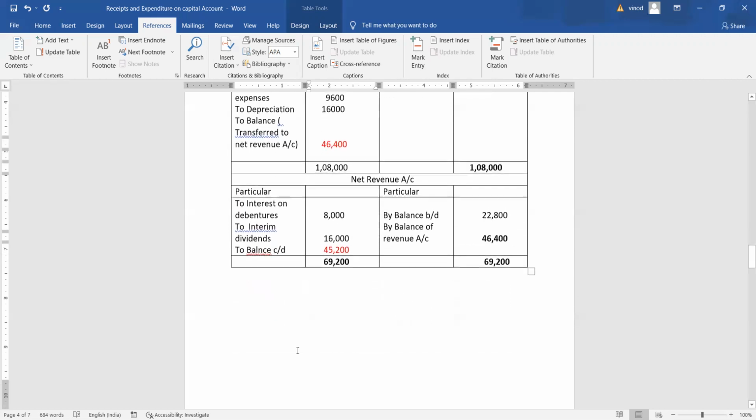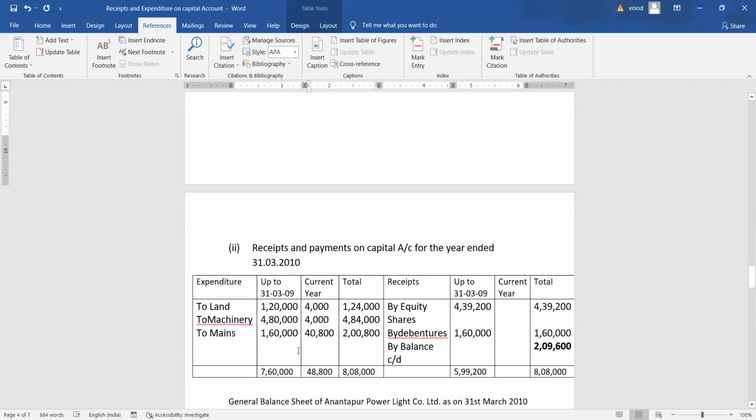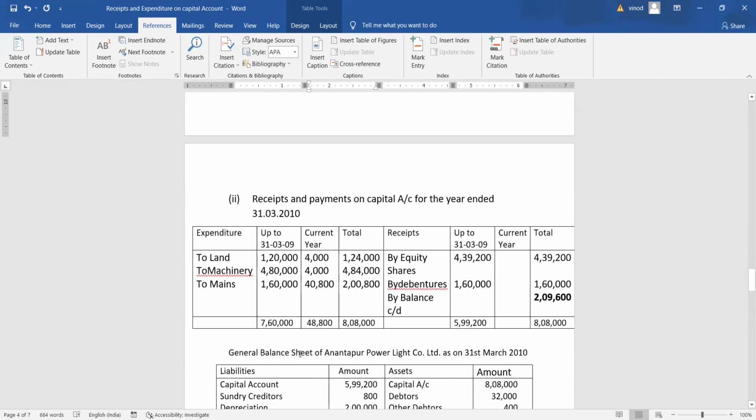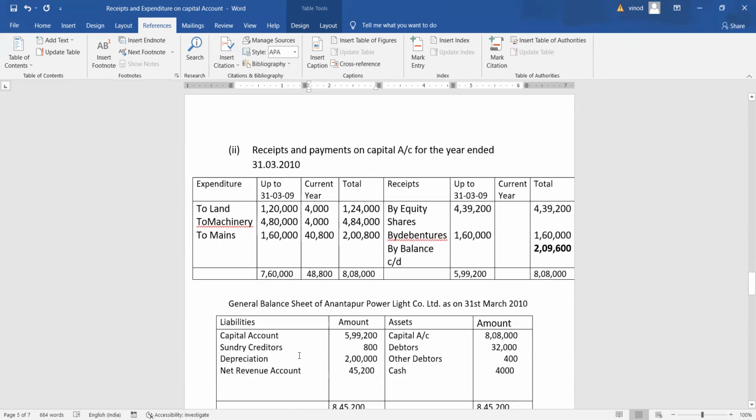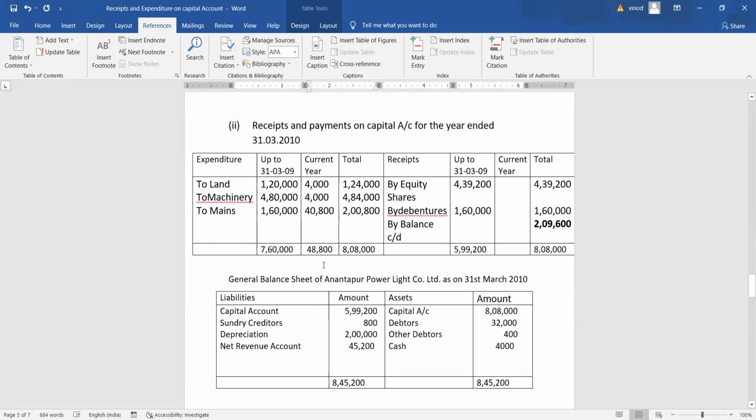Okay. Now let's move to the third part, that is receipts and payments on capital account for the year ended 31st March 2010. Already we have learned in the previous videos, under the double account system, we should prepare two balance sheets. One is receipts and payments on capital account.